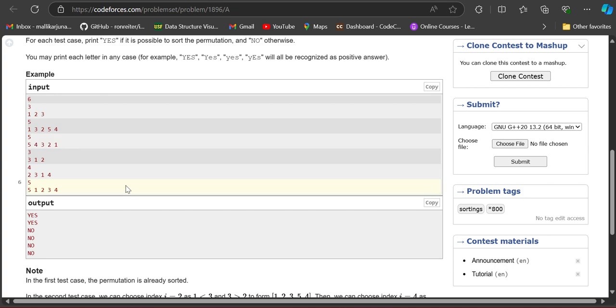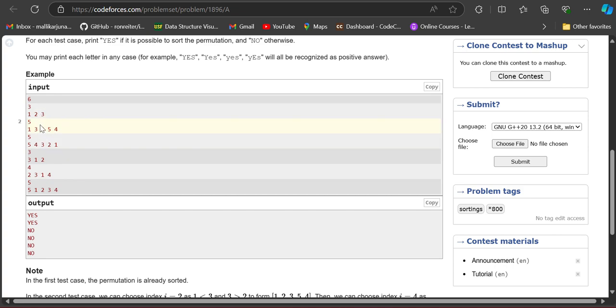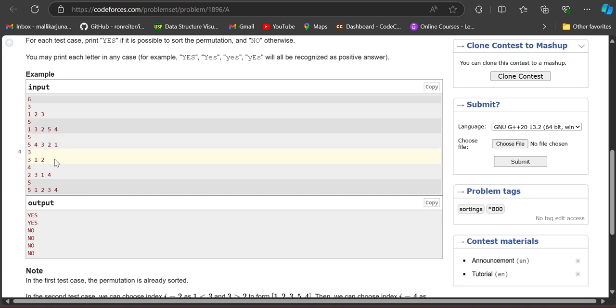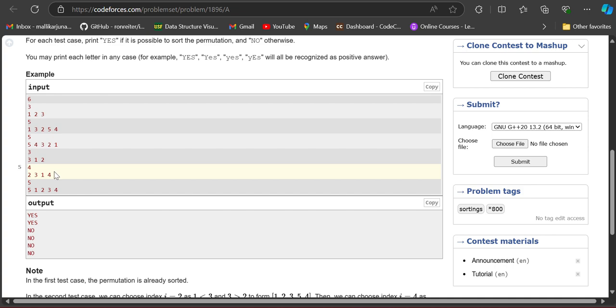If yes, print yes, otherwise no. So let's see. It can sort 1, 3, 2, 5, 4, but the other one cannot be sorted.